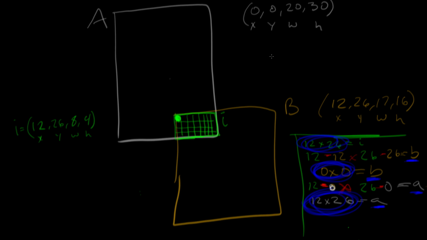So let's use B for example. 12 minus 12, comma, 26 minus 26.